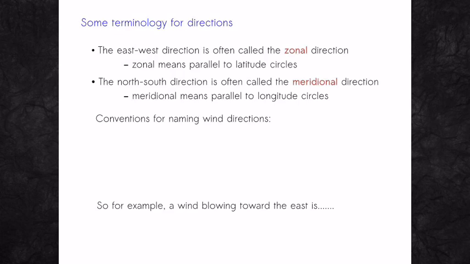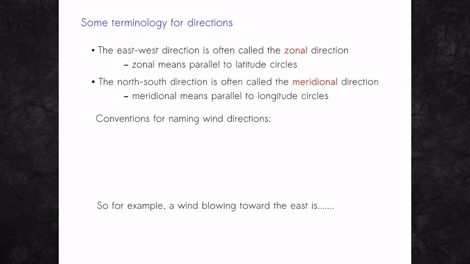So there are two different ways you can refer to directions, either along a latitude circle or along a longitude circle. The first of those is referred to as zonal. Strictly speaking, zonal means a direction parallel to your latitude circles, circles of constant latitude.